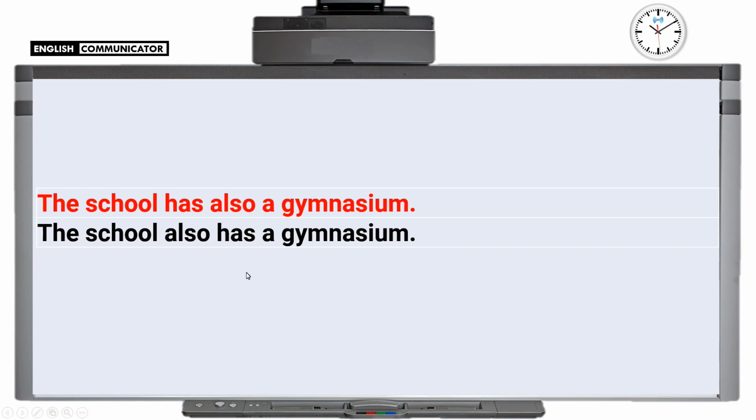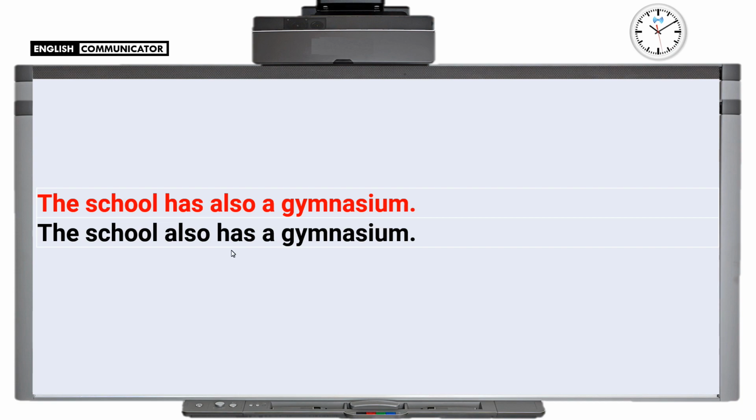The school has also a gymnasium. It means again a combination. The school also has a gymnasium. Has also gymnasium is wrong. Read again the right sentence and then you understand: the school also has a gymnasium.